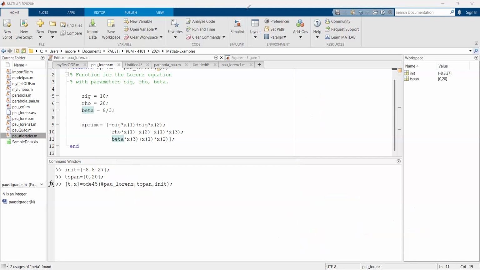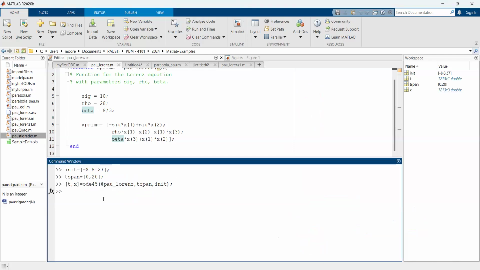Then when we run it, of course I do not display the T and the Z outputs, but they are there. So we run it, and then you see everything is working fine.